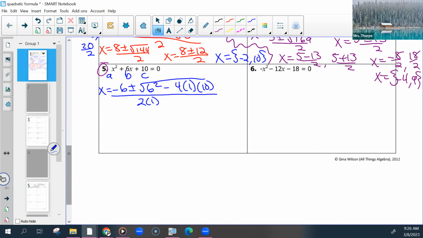Start to simplify. We have 36 minus 40 all over 2. This would give us a -4 over 2.